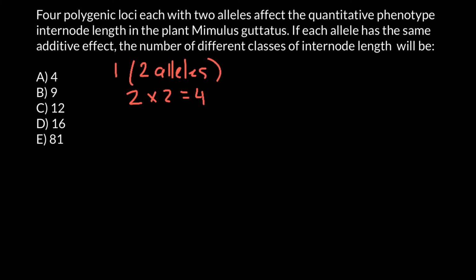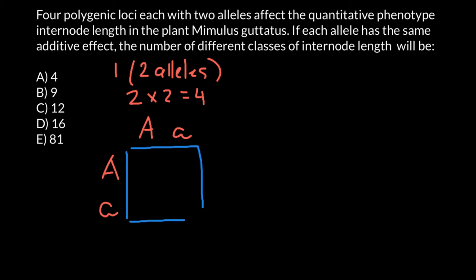Again, imagine the 2 alleles are dominant allele A and recessive allele a. If we build a Punnett square, we are going to get the following variants of the genotypes and phenotypes.